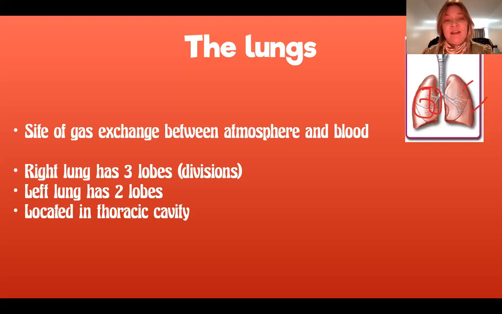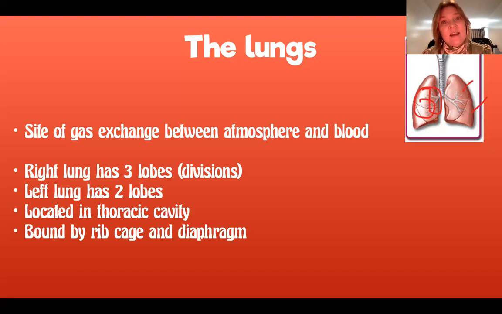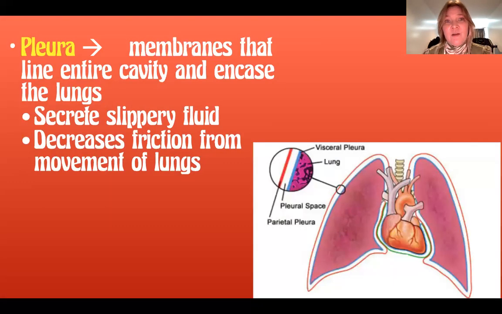Your lungs are located in the thoracic cavity, and they are surrounded by the rib cage on the sides and the diaphragm on the bottom. They're also surrounded by membranes called pleura.